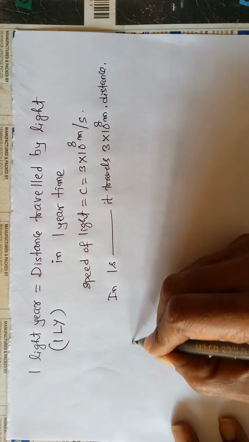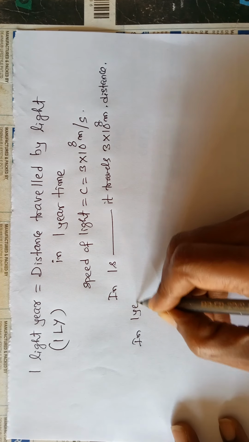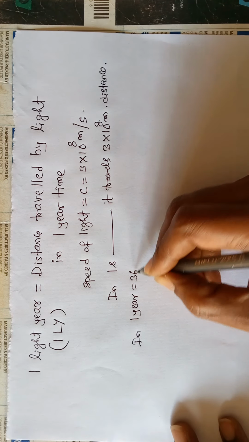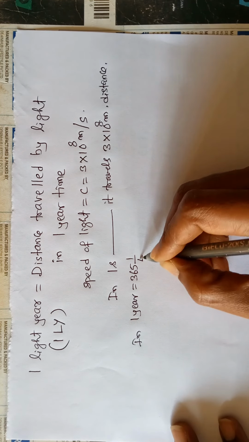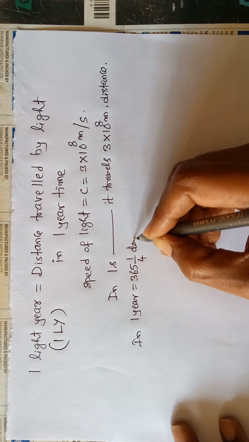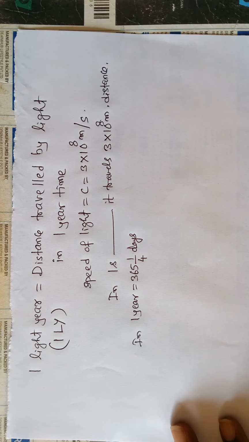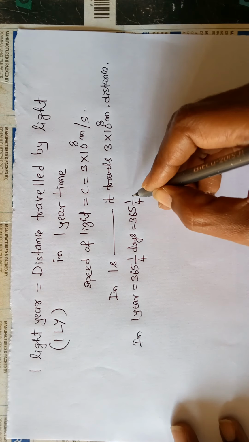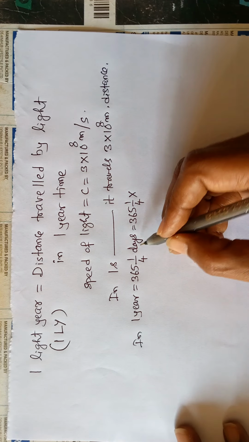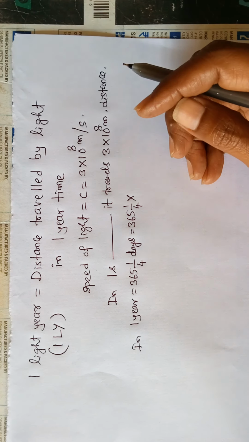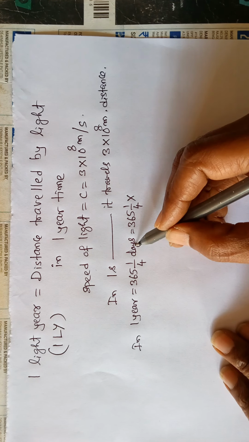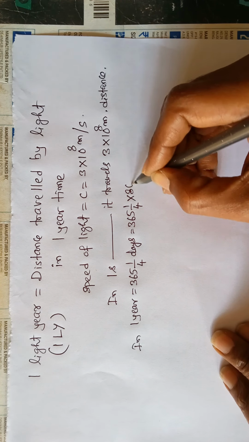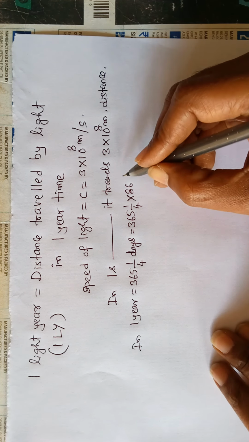So, in 1 year, 1 year means 365 1 by 4 days, that is (365 1/4) into 1 day. 1 day is equal to 86,400 seconds.